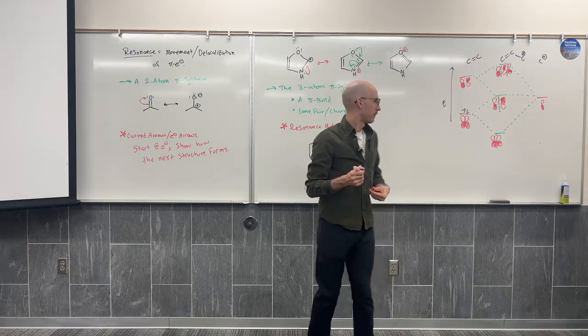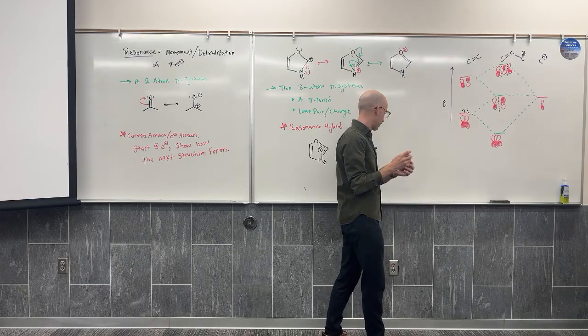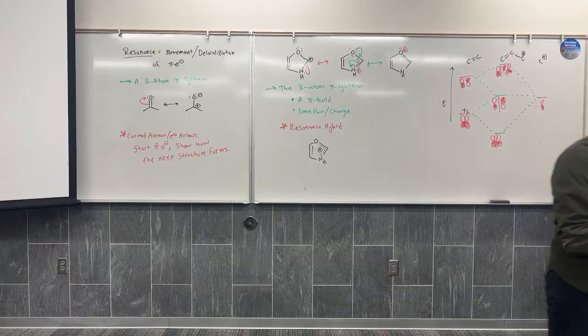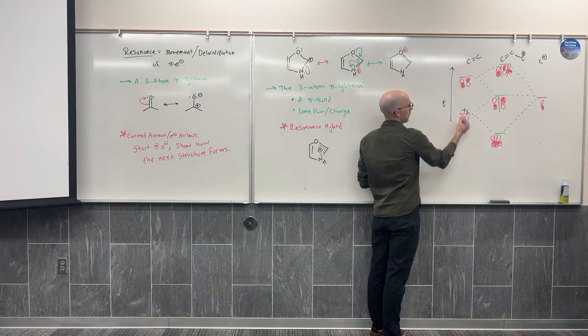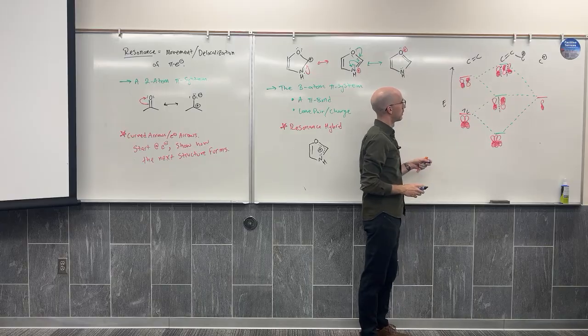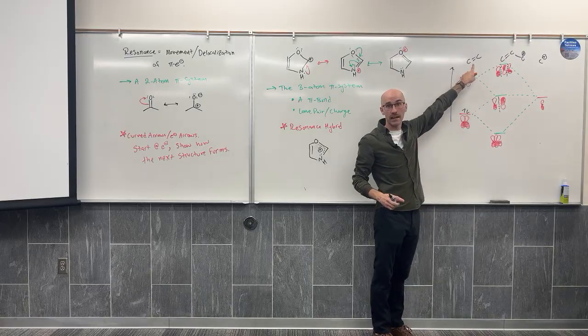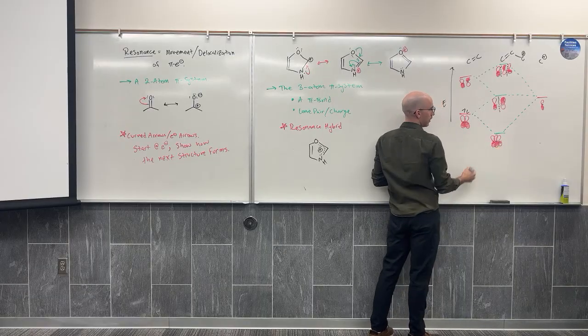Where are the nuclei? Here's, oh, you can't really see that, can you? Where's my blue? This is a 2-atom system on the left. So here's one nucleus, here's another. Here's just a 1-atom system. These are a 3-atom system. 1, 2, 3.